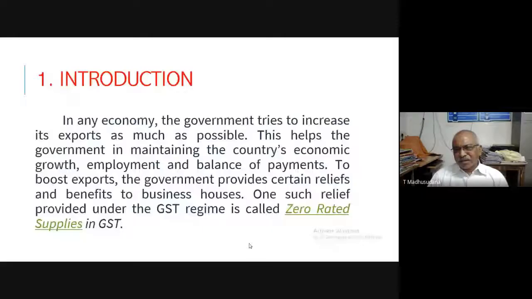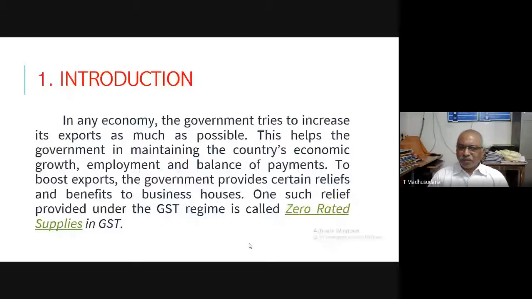Wherever there is a possibility, export. This export-oriented policy will help the government improve the employment and balance of payments.